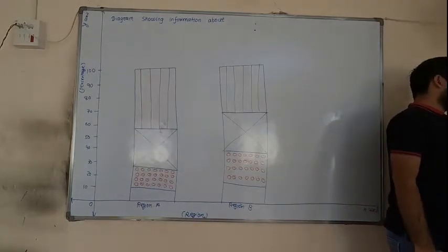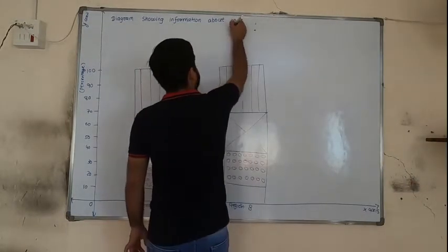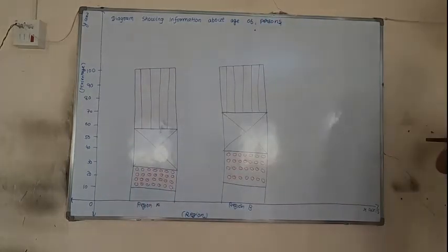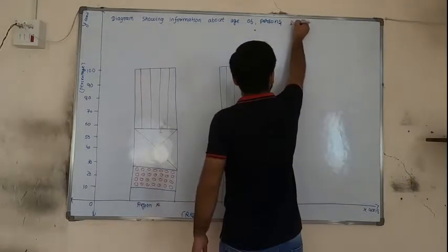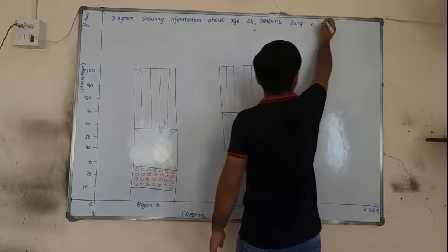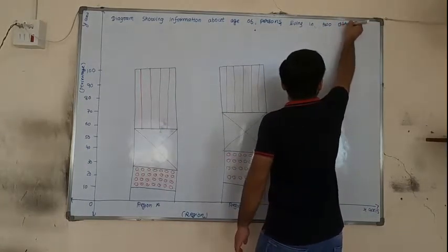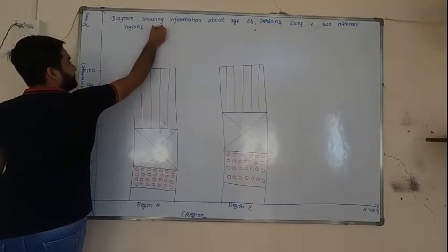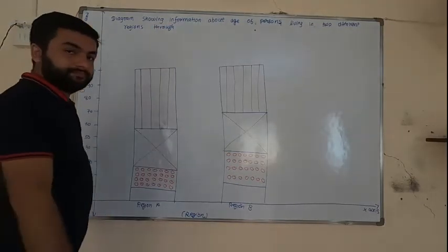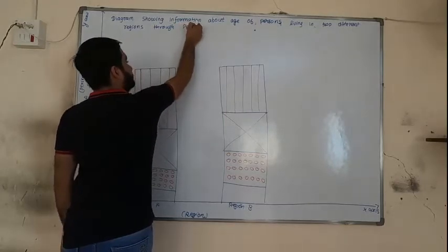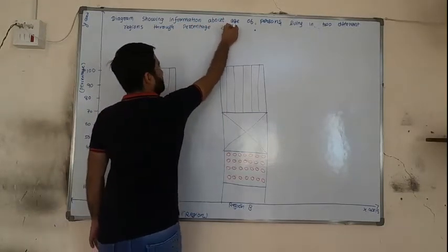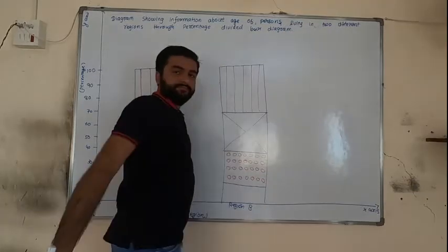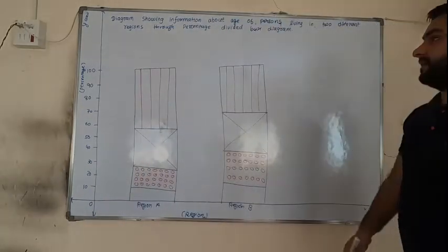Regarding age of persons, information about age of persons living in two different regions through percentage divided bar diagram. Through percentage divided bar diagram.